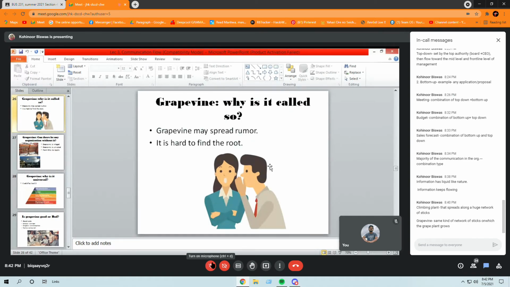Now, grapevine may spread rumor. You can understand it is quite logical human behavior that information passes from one point to another point through many other points. In the process of flowing the information, people may add their own version, their own bias, or may color the information or add spice to it.